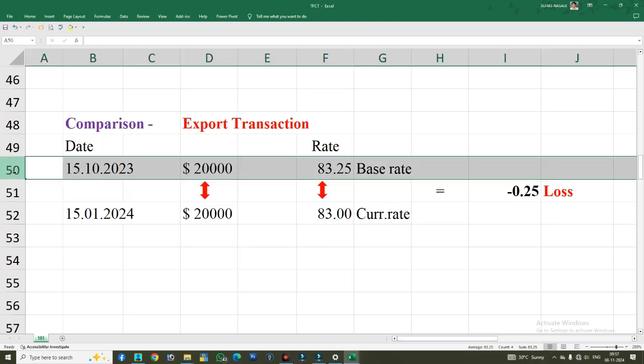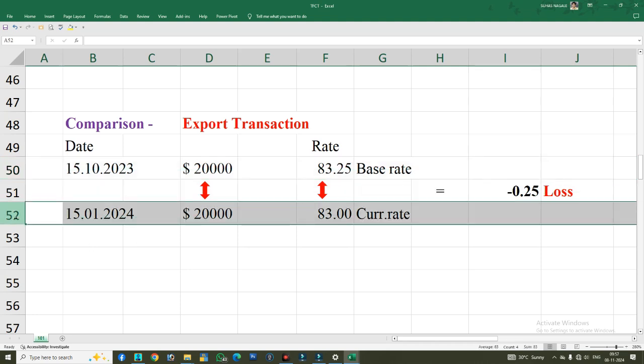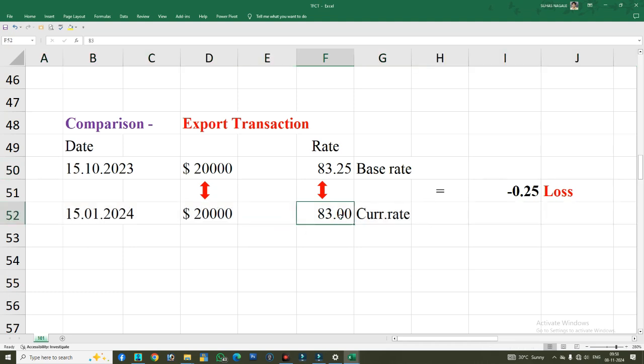This is the comparison of export transaction again. Base rate was 15th October 2023 and dollars of the third installment 20,000. Rate was 83.25 in case of export transaction. Comparison with 15 January 2024, rate is decreased to 83 per dollar.